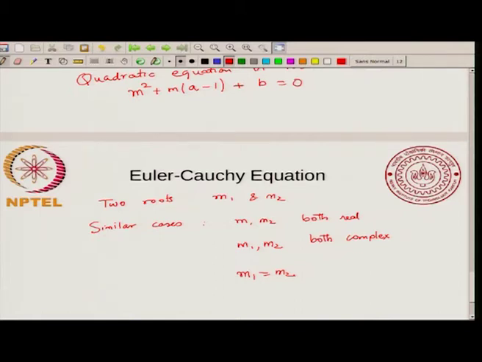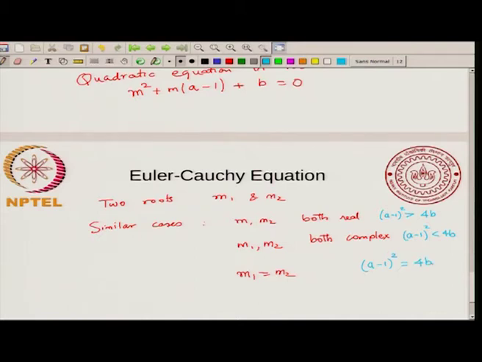So, these are the three cases, and I will not do this explicitly, but you can see in which case you would get each of these. You would get both real if a minus 1 whole squared is greater than 4b. They will be both complex if a minus 1 squared is less than 4b, and you will get two coincident roots if a minus 1 whole squared is equal to 4b.